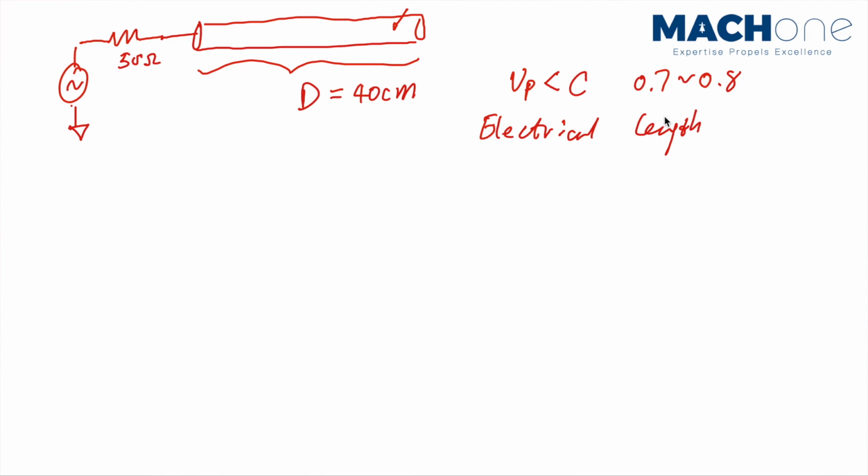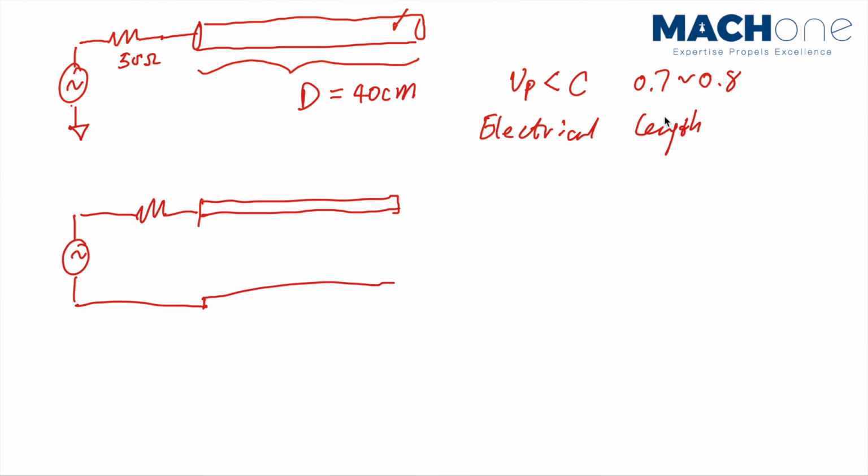I can draw it in a transmission line manner, where I often use two bars to represent a transmission line. In this case, my transmission line is a 50 ohm transmission line. I have a 50 ohm input impedance, and here I have my open circuit. From transmission line theory, we know that when you send signals at different frequencies, you will end up with what we call a voltage standing wave.